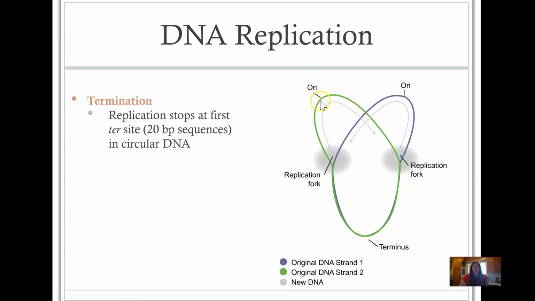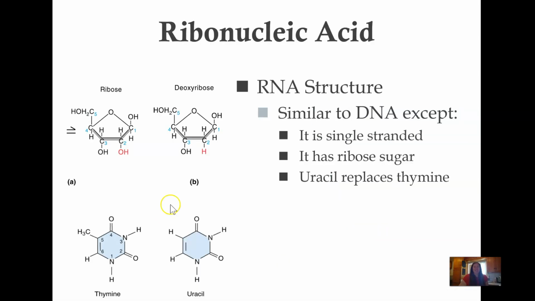Here's our origin of replication, and here's our site of termination. You can see that from the origin we have our two replication forks proceeding around the circle in a bidirectional fashion, and it's going to end at that termination site, at which point we now have two new strands on our two original strands. So we have now two complete chromosomes that will go one in each daughter cell.